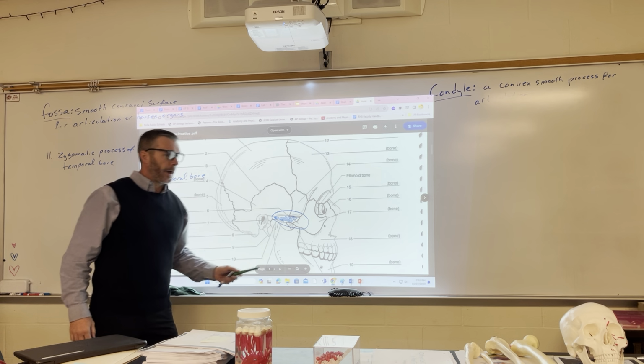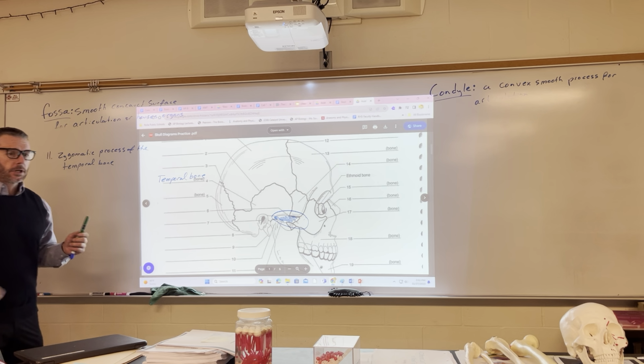Now, the zygomatic process of the temporal bone connects and articulates with a process called the temporal process, which I'm going to put in green. And this temporal process comes off of this cheekbone called the zygomatic bone.